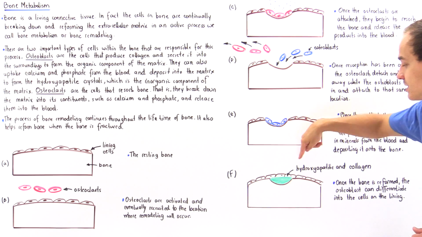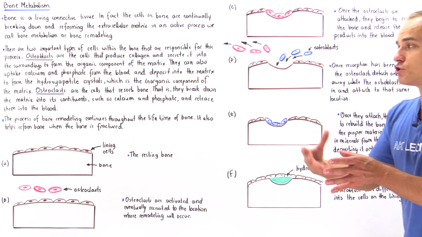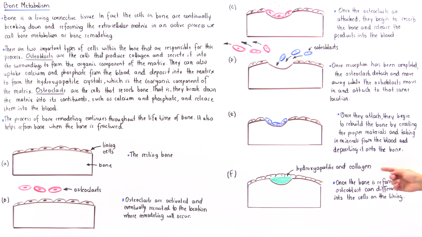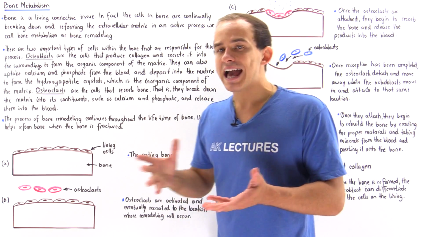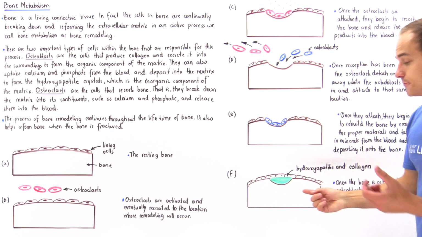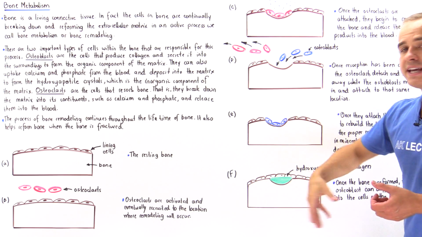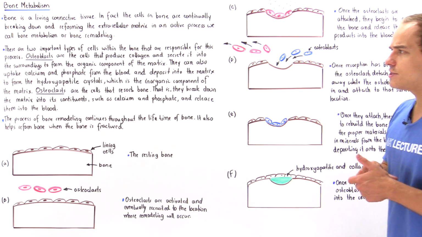This consists of our hydroxyapatite, which is the dominant portion of the inorganic component of the matrix, as well as the collagen protein, which is the dominant portion of the organic component of that matrix. And once these osteoblasts form our matrix, they can differentiate into our cells known as osteocytes, as shown in that diagram.